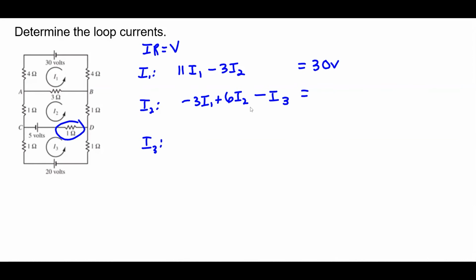And we're going to look at our battery. So it's 5 volts, and you want to check to see what direction the loop is going through the battery. So you see we got this short side and long side here, and we're going this direction through that battery. So we called that positive 30.